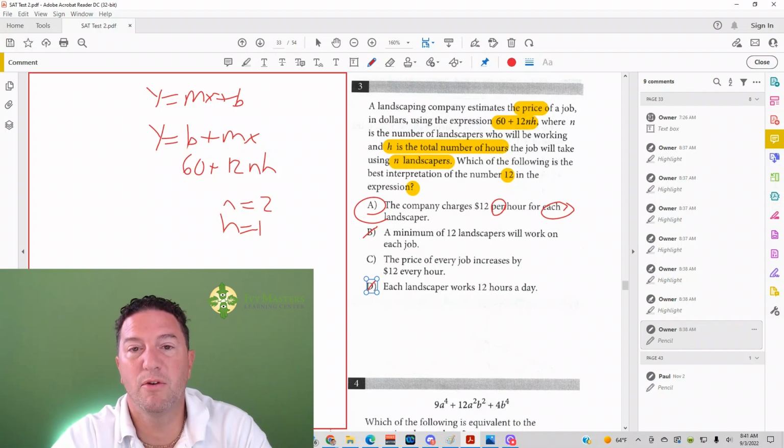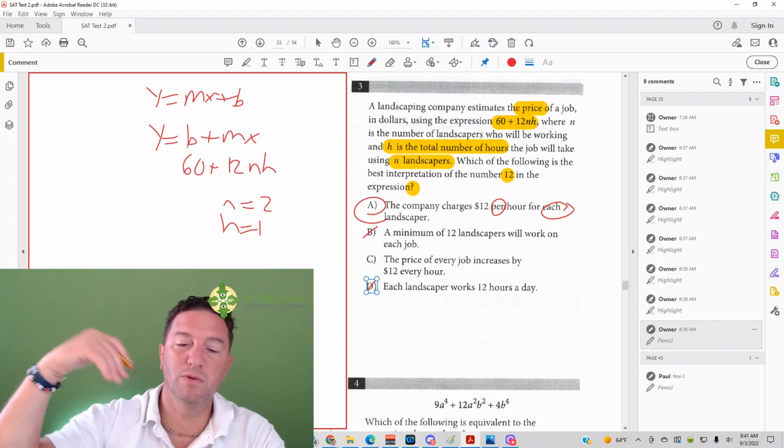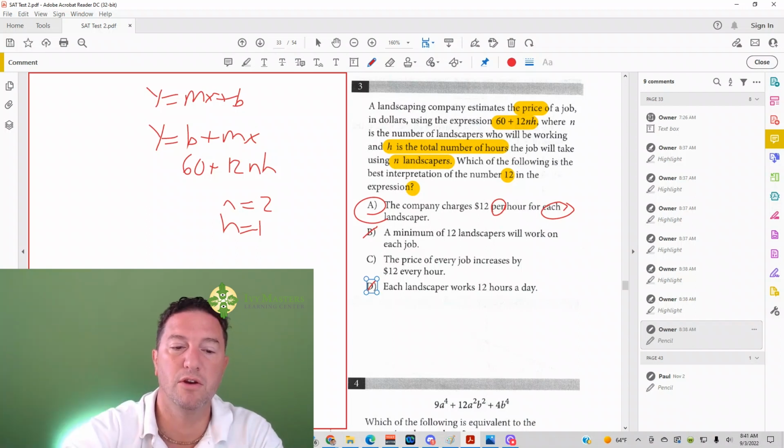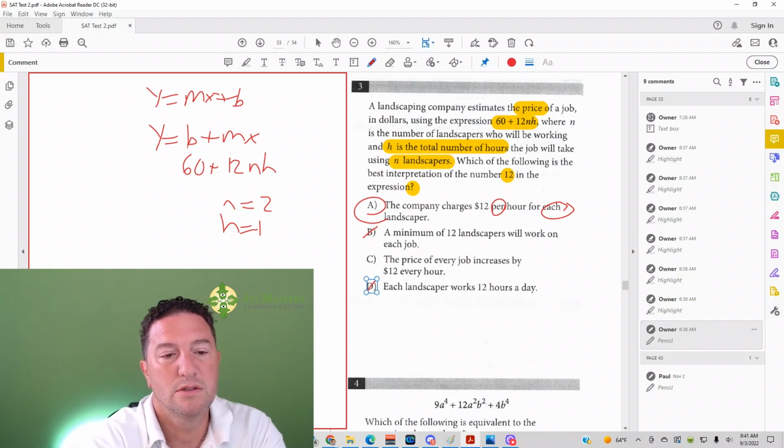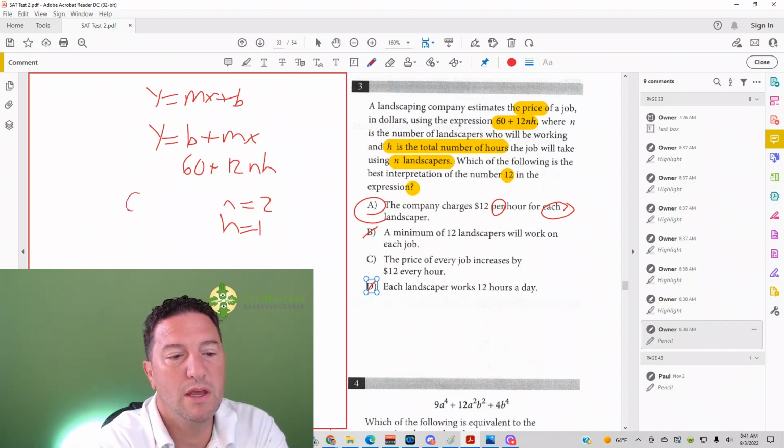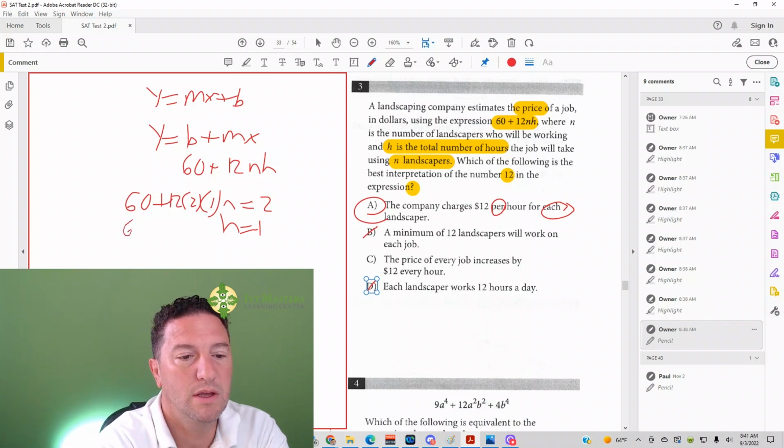The number of hours is increasing, and that's going to affect the price. So we pick a number, work through the equation, pick another number, work through the problem again. Now when we plug in, we get 60 plus 12 times n, which is 2, times h, which is 1. We get 60 plus 24, and we get 84.